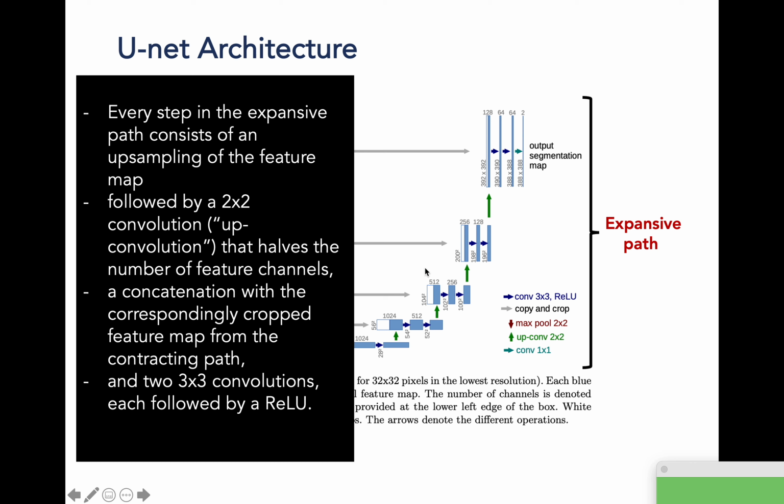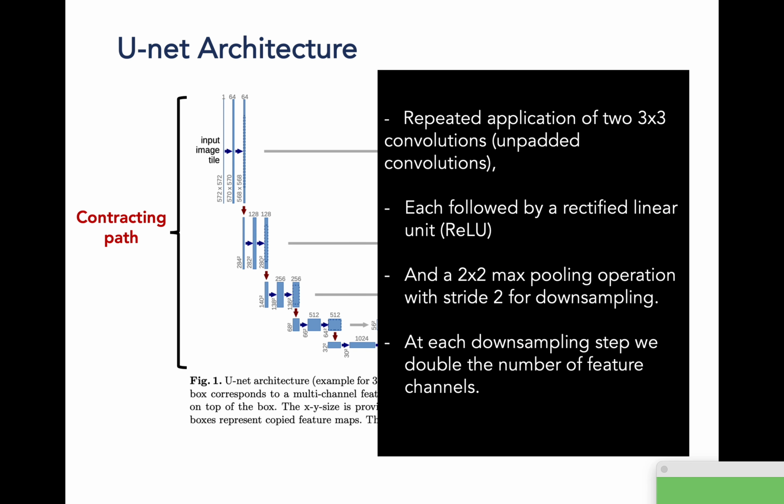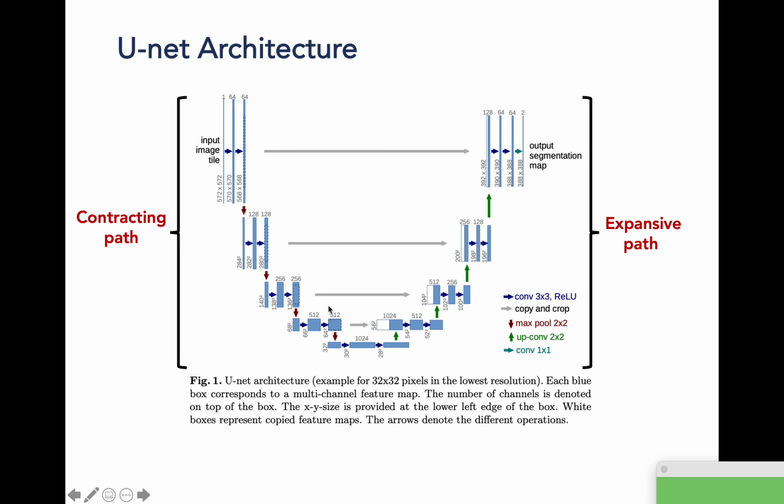However, we also have the skip connections that allow for the concatenation of the corresponding cropped feature map from the contracting path. If you go back to the architecture, you can see that cropping going on. The upsampling halves the number of feature channels, but then with the cropping you have 512 feature channels.